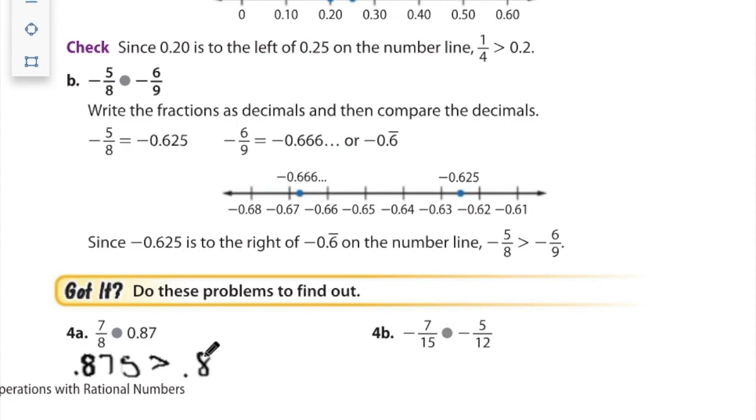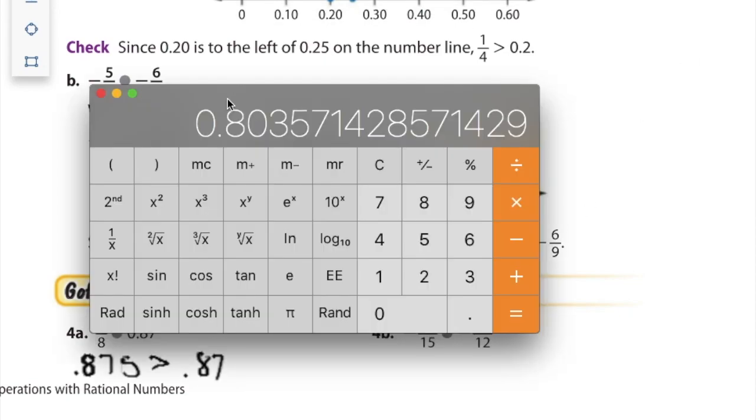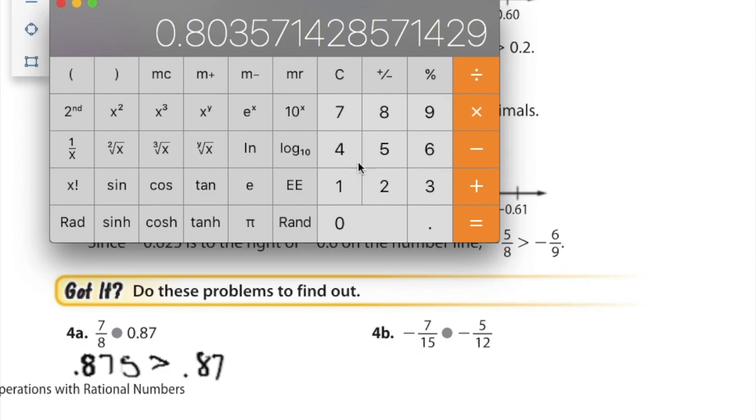And for number 4b, we have negative 7/15 and negative 5/12. Those are two that I don't have memorized, and it's really hard to do just mental math on these because 7 out of 15 is about half, and 5 out of 12 is about half. So I'm going to pull up my calculator and find the decimal equivalent for each of these.